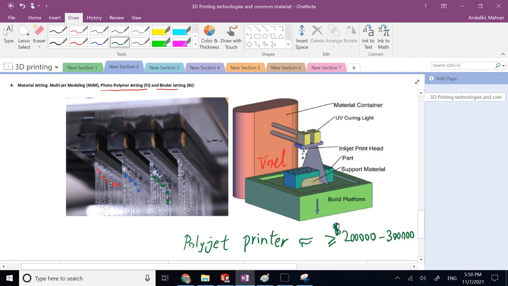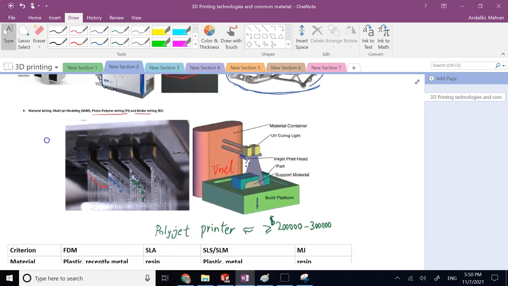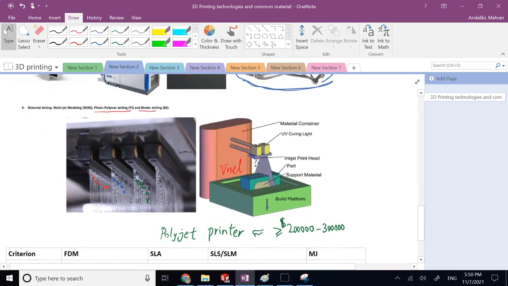Whether it's Stratasys or HP or other printers that I have seen, they are typically 200 or 300 grand and above. So they are really meant for companies that create such high fidelity, nice surface quality, multicolor, multi-material parts. Otherwise, they are not really meant to be used by regular people.